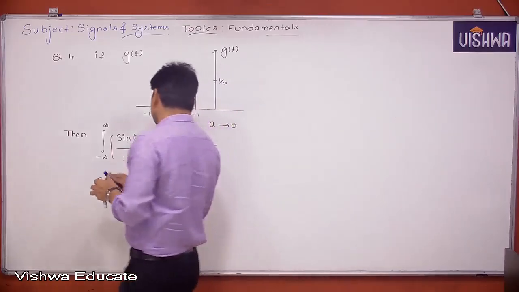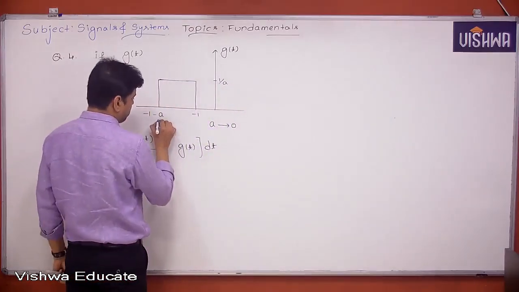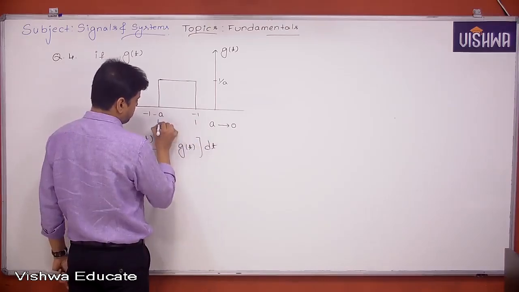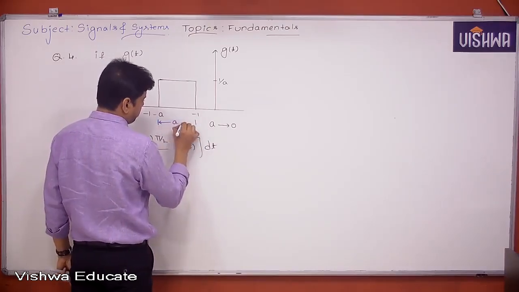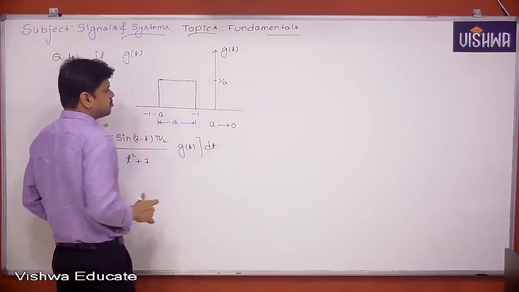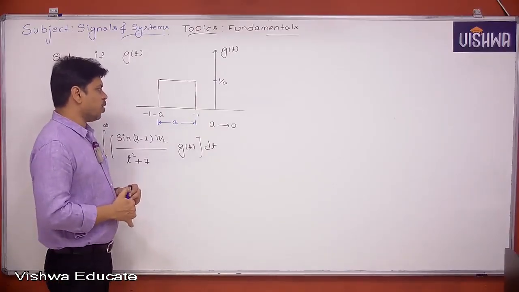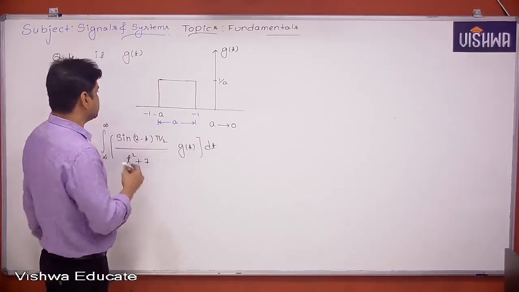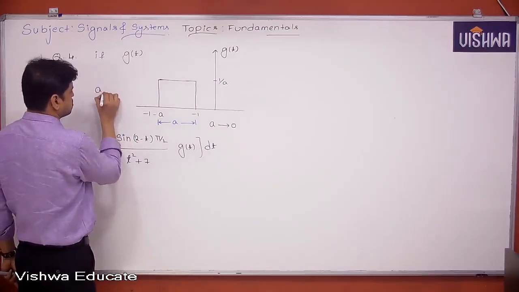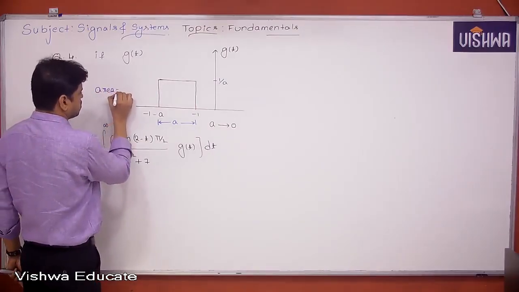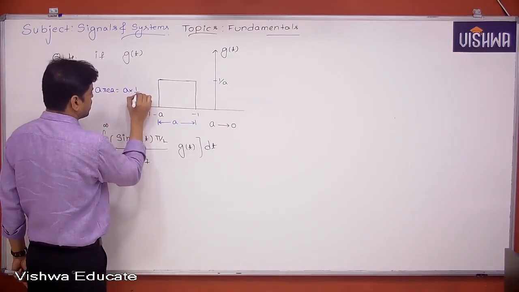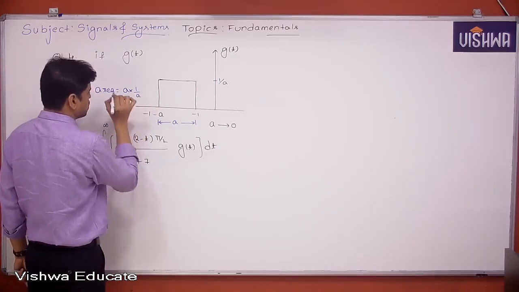So the width here is a, and the height is nothing but 1 by a. What if somebody is asking the area? That is a into 1 by a, which is nothing but 1.